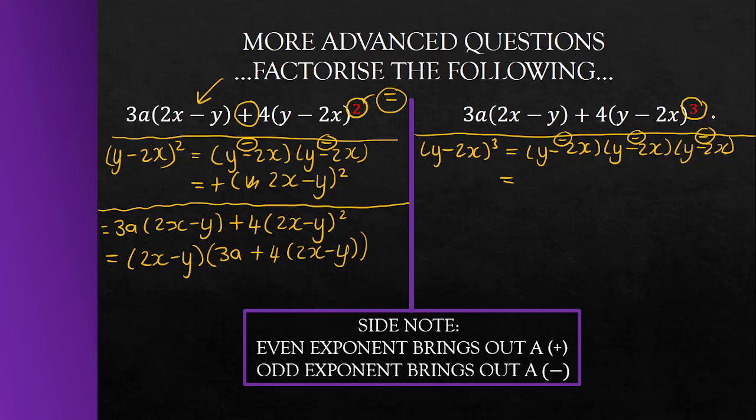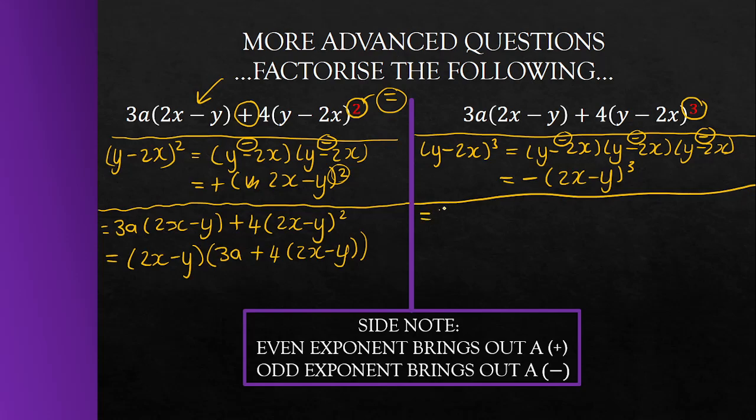So I have three negatives that I'm taking out, which is a negative, because negative times negative is a positive, times another negative is a negative, and then I've got 2x minus y cubed. So that's a nice side note there. When you have an even exponent, like a 2 or a 4 or a 6, you're taking out that many negatives, which creates a positive. And when you have an odd exponent, you're taking out that many negatives, which is a negative.